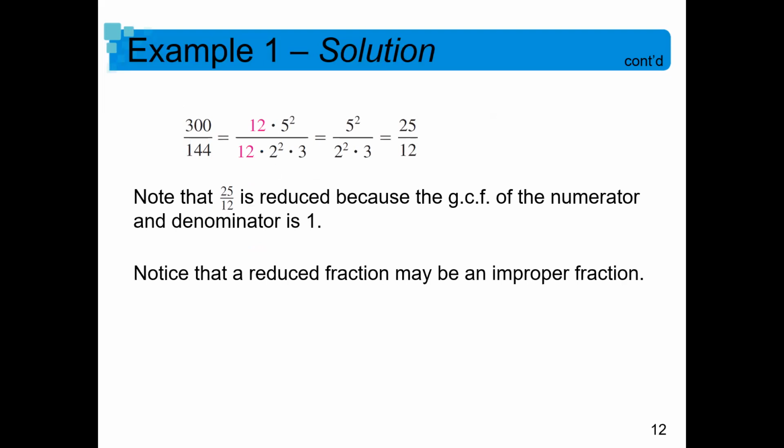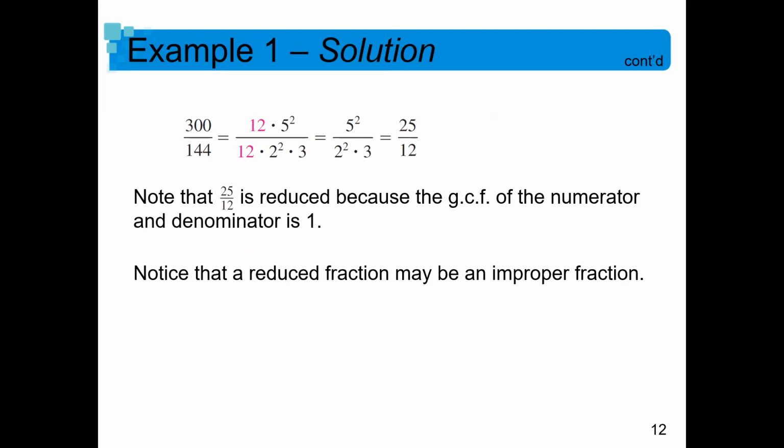And again, the next step is to represent 300 by the GCF times whatever remains. So 12 times 5 squared, and also 144. You represent that with 12 times what is left, which is 2 squared times 3.